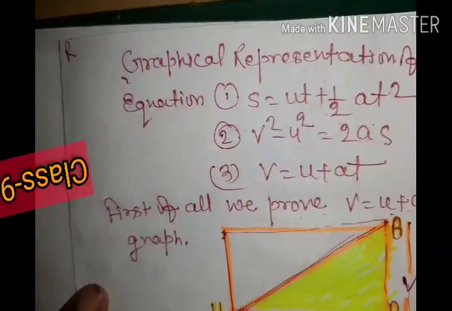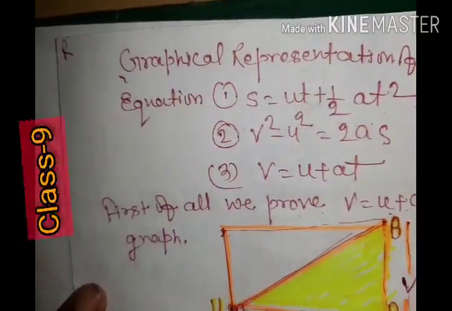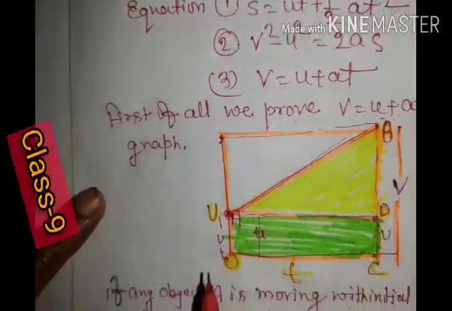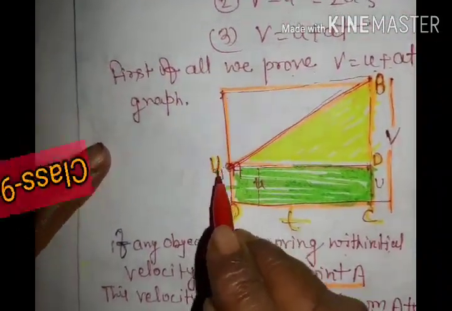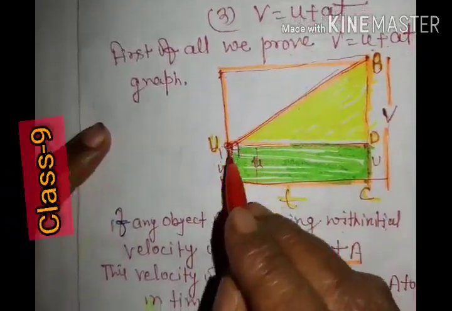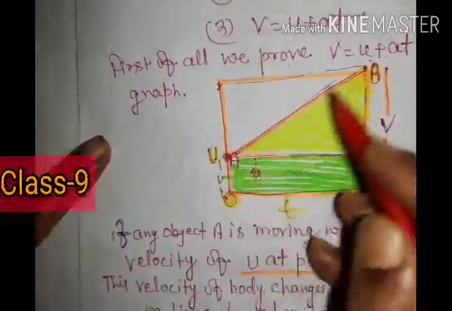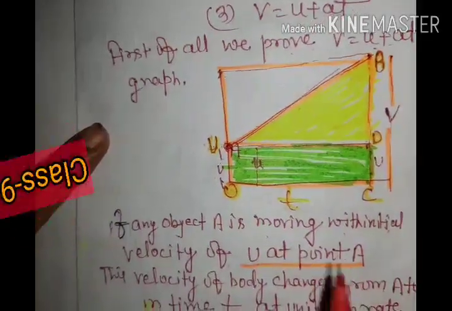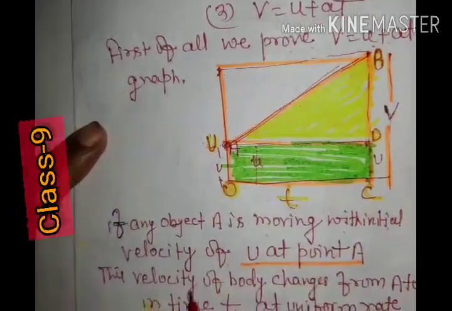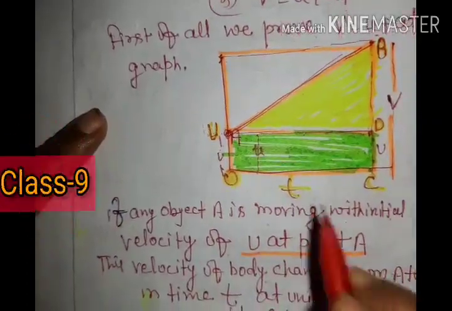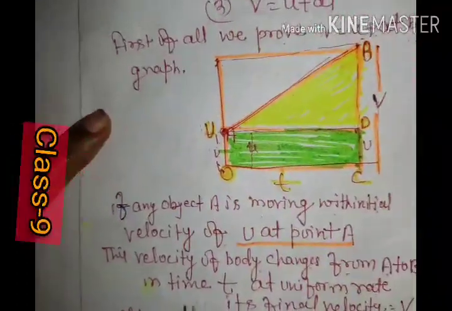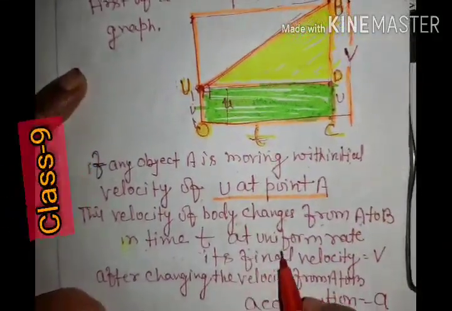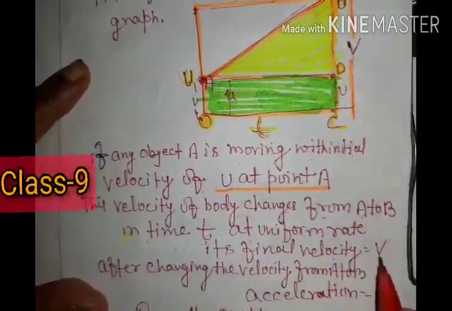If an object is moving from A to B with initial velocity u, the velocity of the body changes from A to B in time t at a uniform rate, and its final velocity is v.